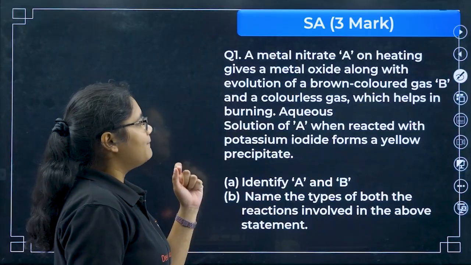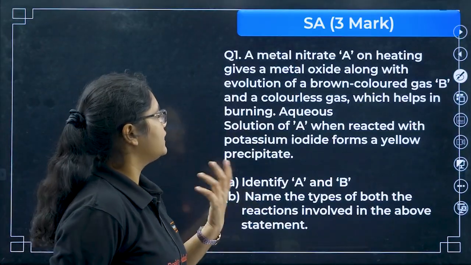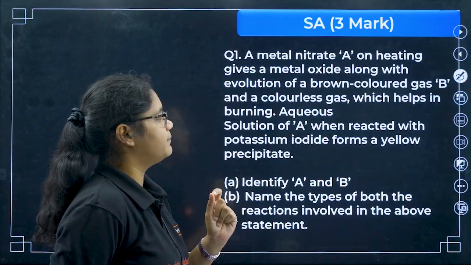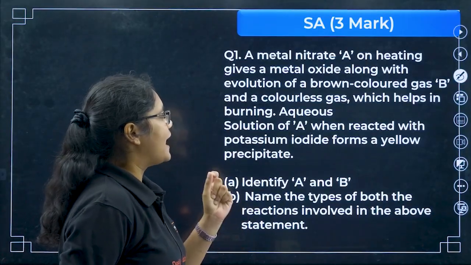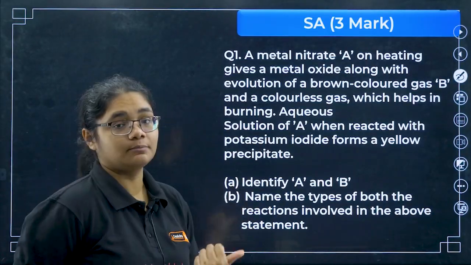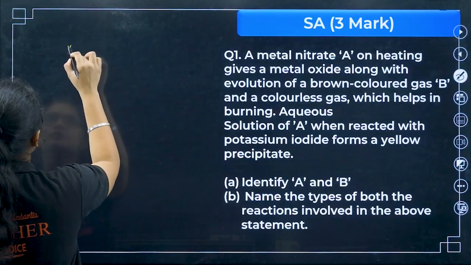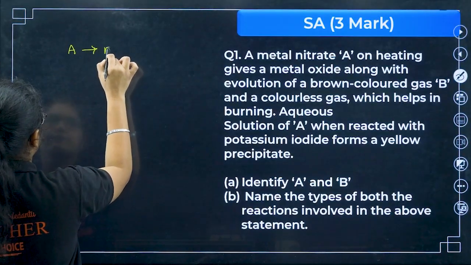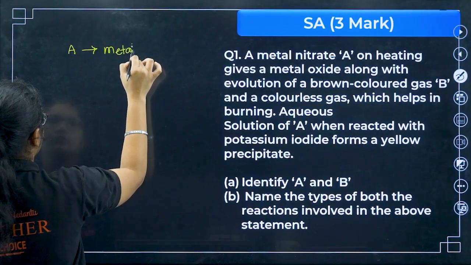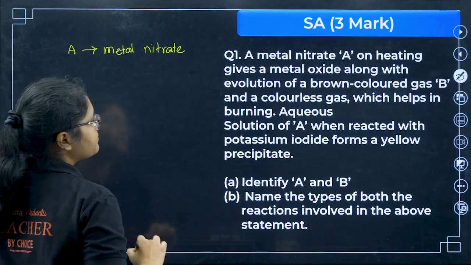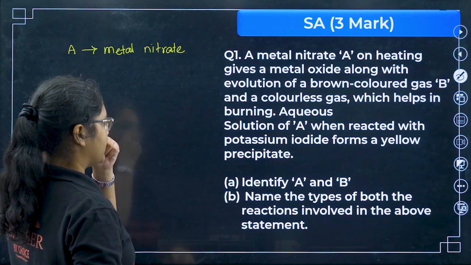Now moving to the 3-marker question. A metal nitrate A on heating gives a metal oxide along with the evolution of a brown colored gas B and a colorless gas which helps in burning. So let us see what is A. A is your metal nitrate. Metal nitrate on heating gives a metal oxide.